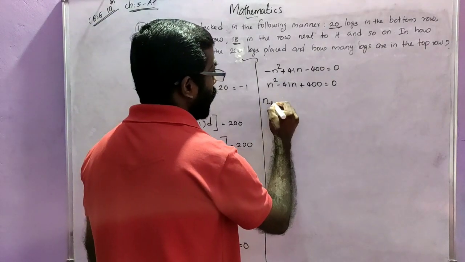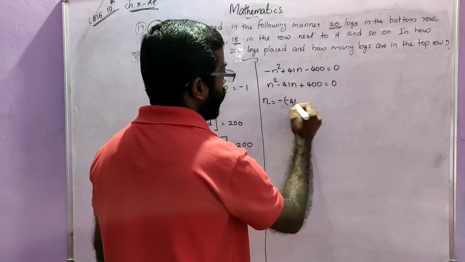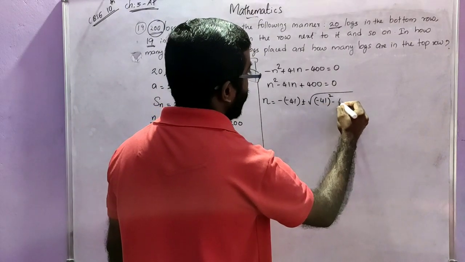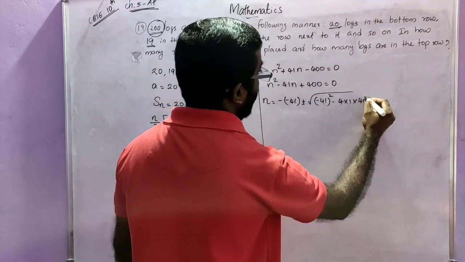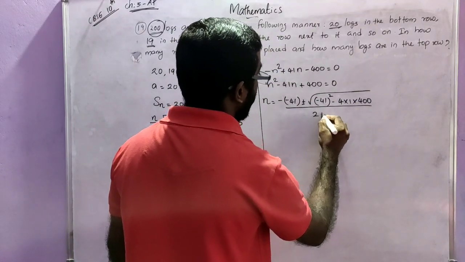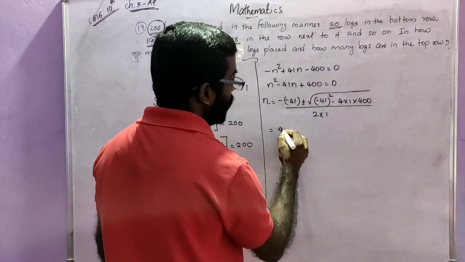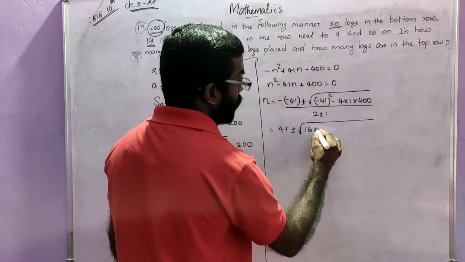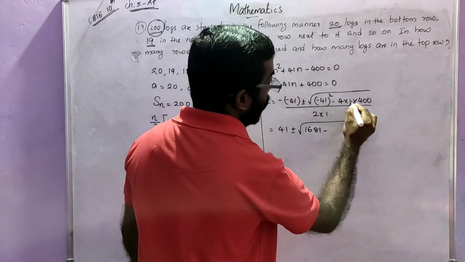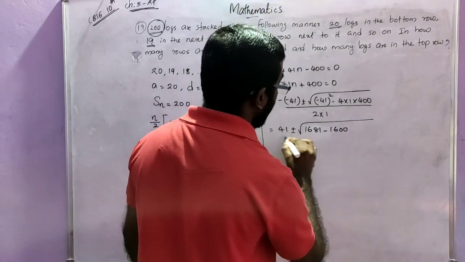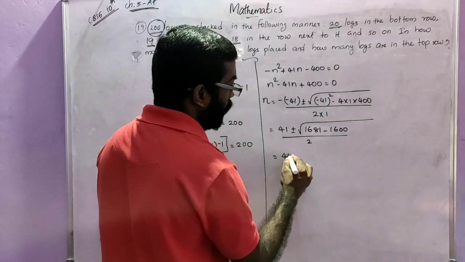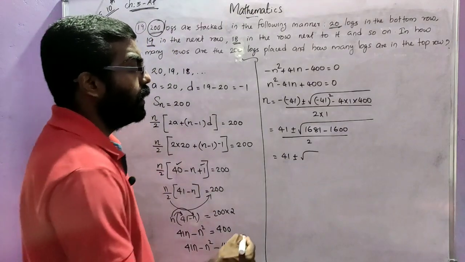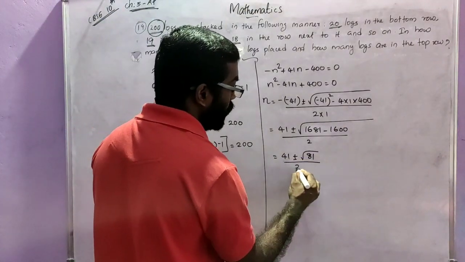Okay. So here n is equal to minus of minus 41 plus or minus root of minus 41 the whole square minus 4ac, 4 into 1 into 400, divided by 2a, 2 into 1. Minus of minus is plus, that is 41 plus or minus root of 41 square. 41 square is 1681. Then minus 4 into 1 into 400, that is 1600, divided by 2. Or we can write 41 plus or minus root of 1681 minus 1600, and it is 81, divided by 2.